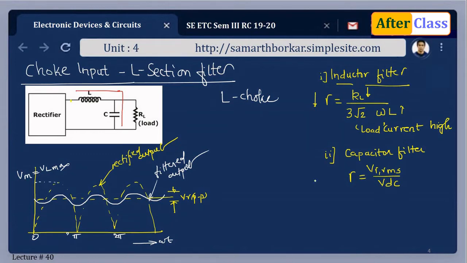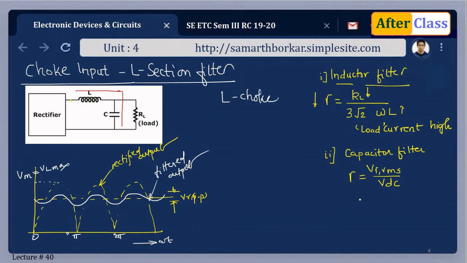So how do we do that? We have to calculate the RMS value of this VR peak to peak signal. So when I say VR RMS, it is the RMS value of this particular VR signal, which is varying with respect to time, and VDC is obtained using the equation 2 Vm by pi.